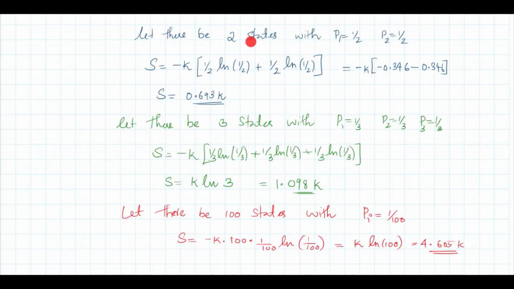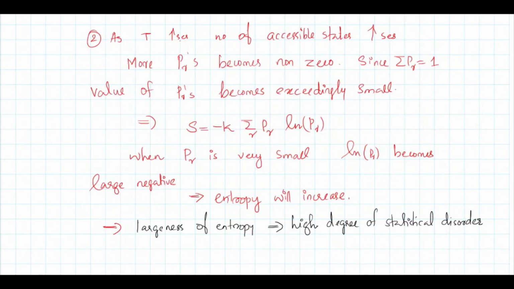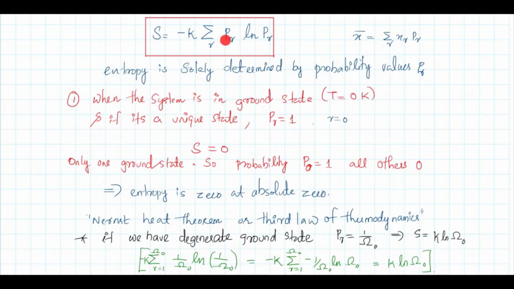Now I will discuss 3 simple examples. Let there be 2 states possible for the system, and suppose they are occupied with equal probabilities: P1 is equal to half, P2 is equal to half. What is the entropy? It is minus K times half log half plus half log half, because we sum over all the microstates the probability times log probability.